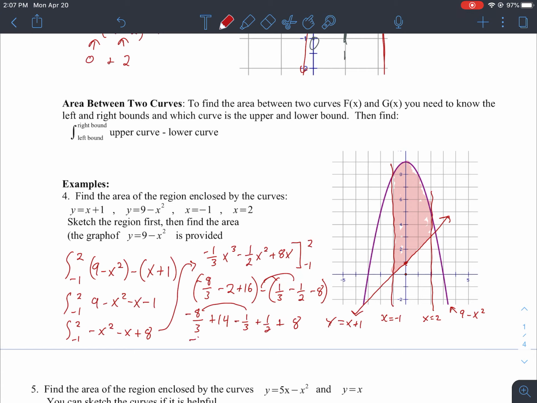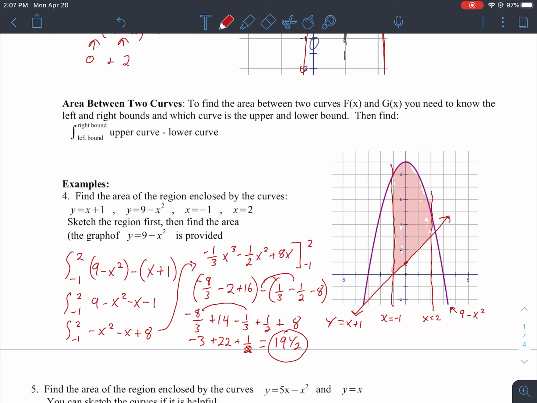Negative 9/3 is negative 3. 14 plus 8 is 22. Negative 3 plus 22 is 19. 19 plus a half is 19 and a half.